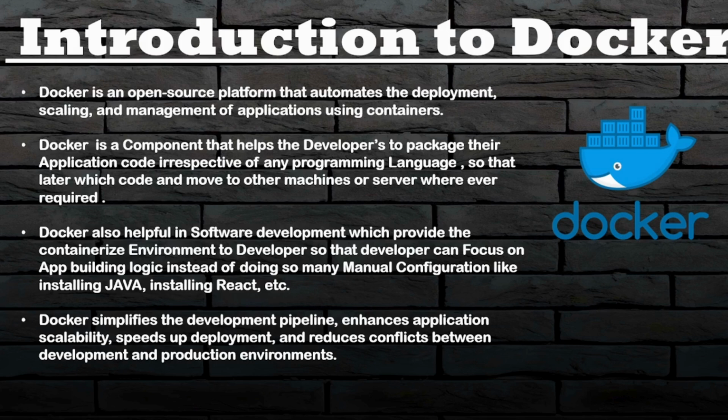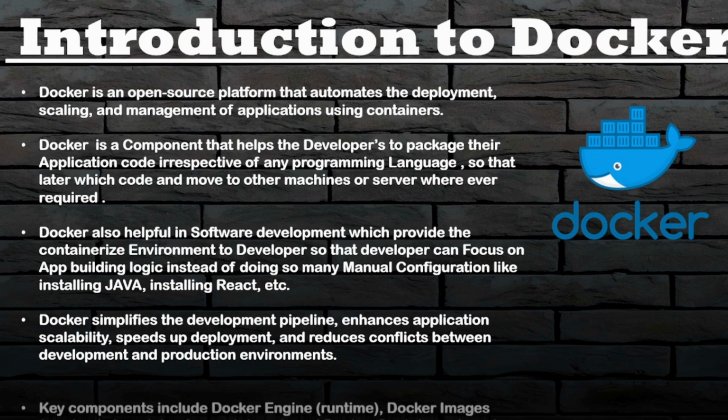Docker reduces this effort, because whenever a new developer comes to the team, we can send him our Dockerfile. He just runs that file, everything comes in his Docker container under Docker Desktop, and he is ready to develop. So we can save a lot of time with the help of Docker. That's why Docker is a top trending technology.